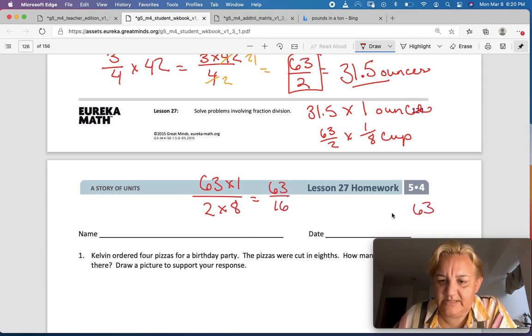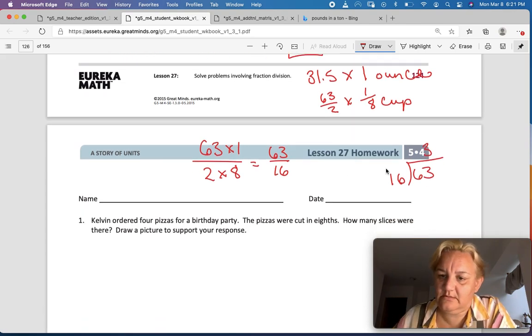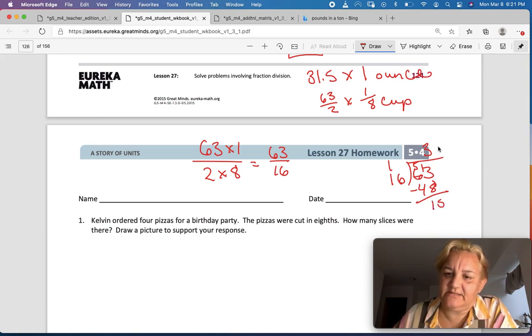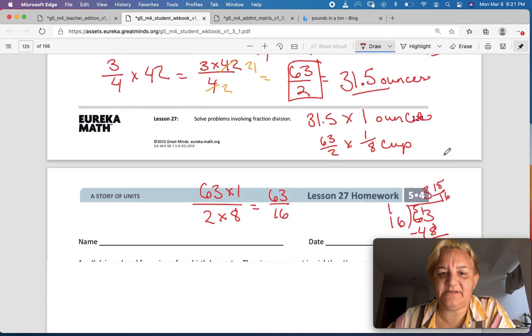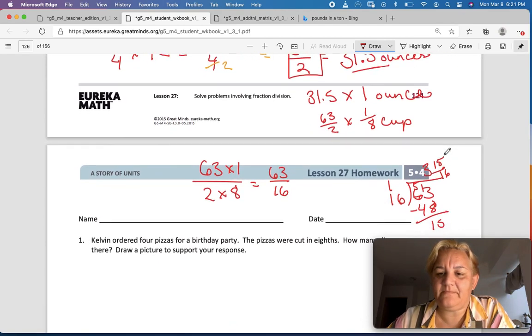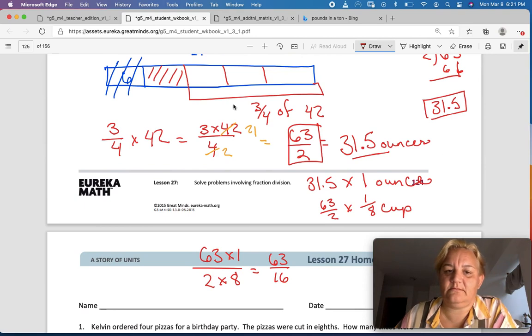So 63 divided by 16 would be 3, which would be 48, 15. Lots of math on this one. 15/16. Okay, so how many cups are left? 3 and 15/16 of a cup.